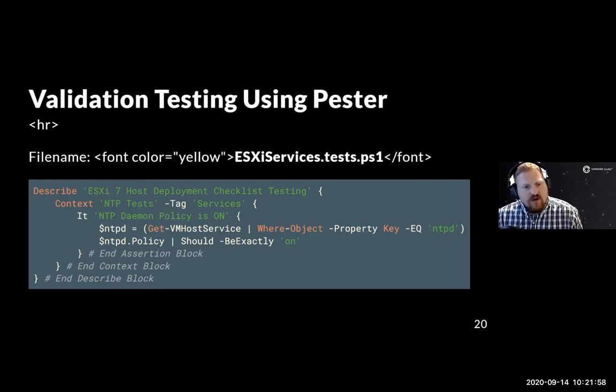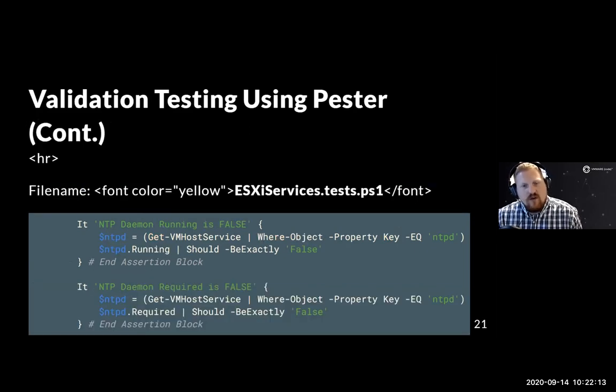And then below, using the member type properties of policy, I'm calling my variable and the policy property and making sure that it should be exactly on.